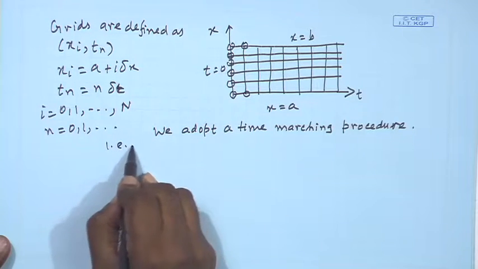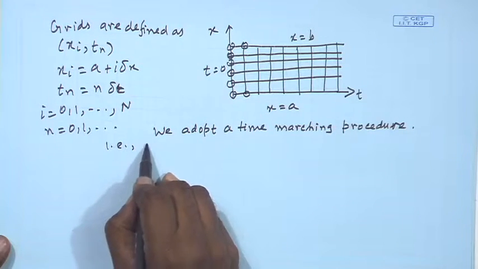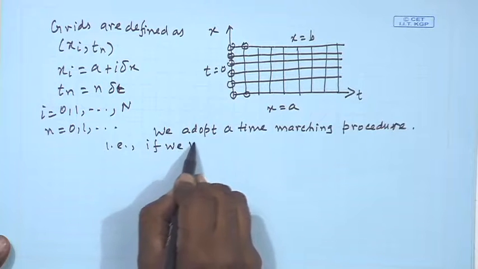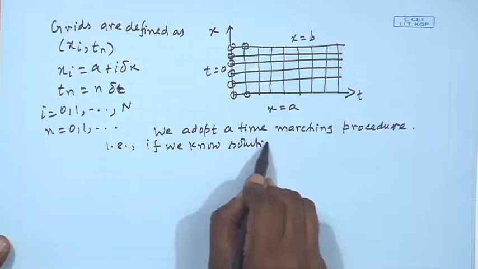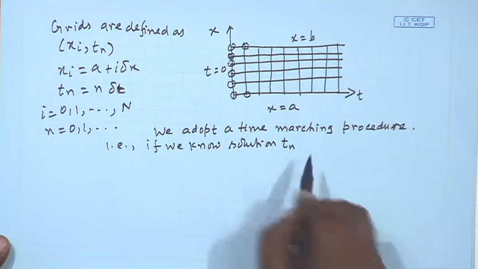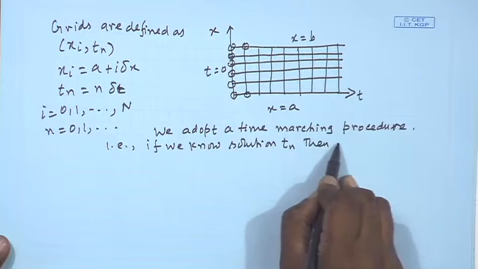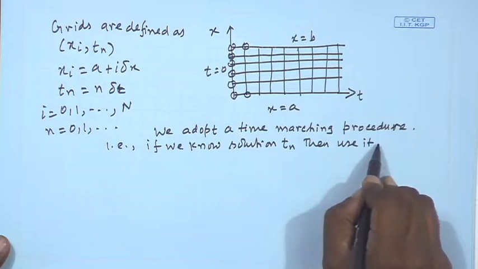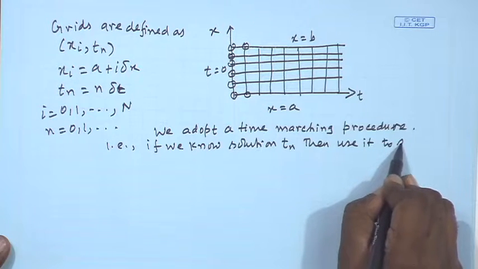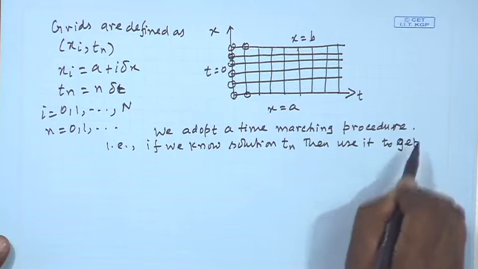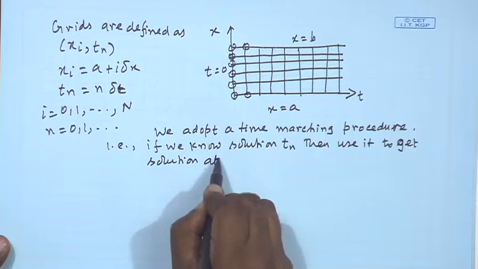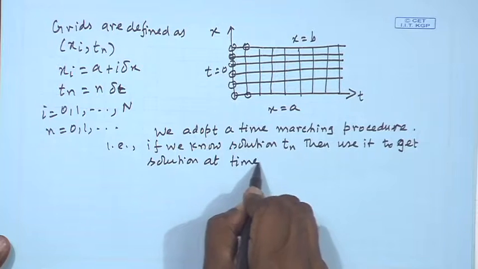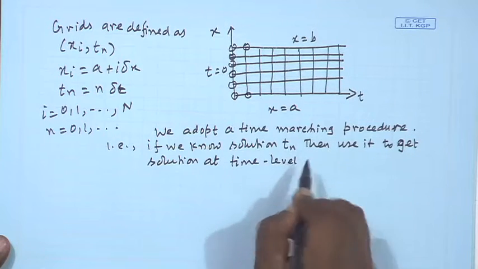That is, if we know the solution at time level t_n, then use it to get the solution at time level t_n plus 1.